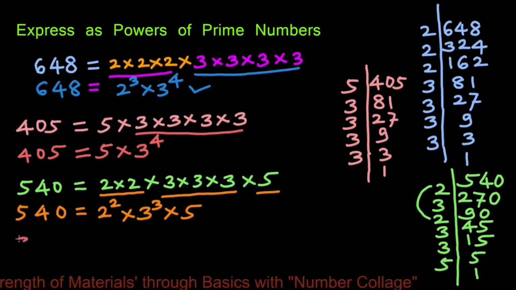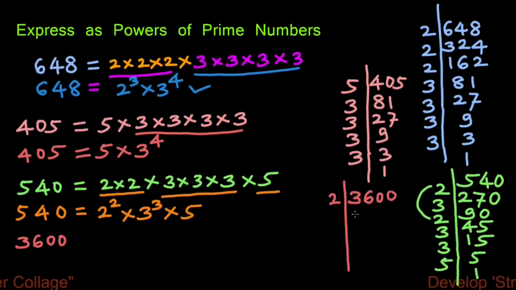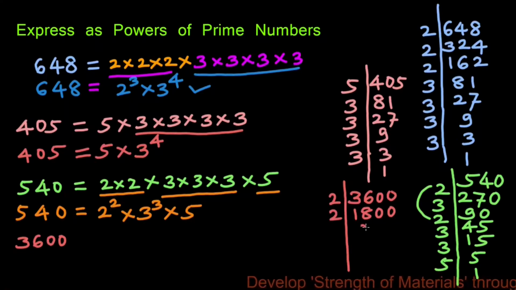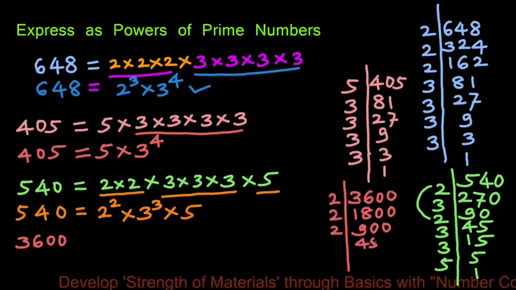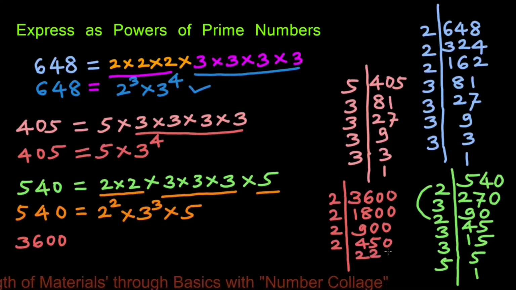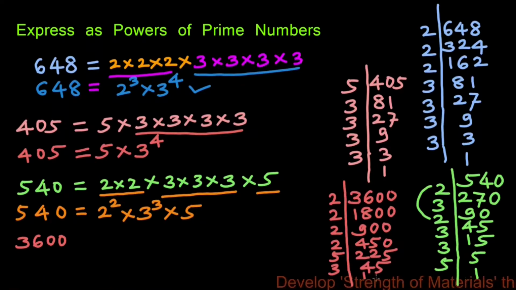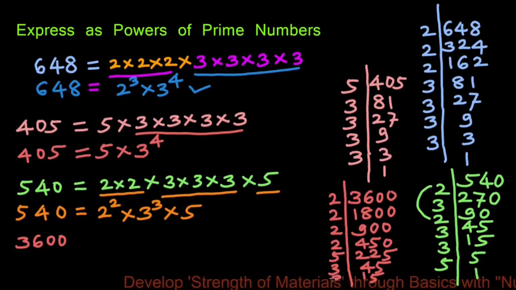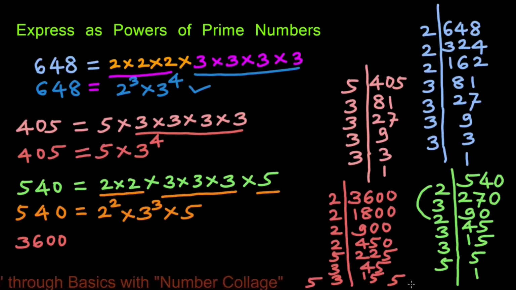Next is 3600. Its prime factors will be 2 ones are 2, 2 eights are 16, 0 0, 2 nines are 18, 0 0, 2 fours are 8, 2 fives are 10, 0, 2 twos are 4, 2 twos are 4, 2 fives are 10, 5 fours are 20, 5 fives are 25, 3 ones are 3, 3 fives are 15, then 3 fives are 15, and finally 5 ones are 5.